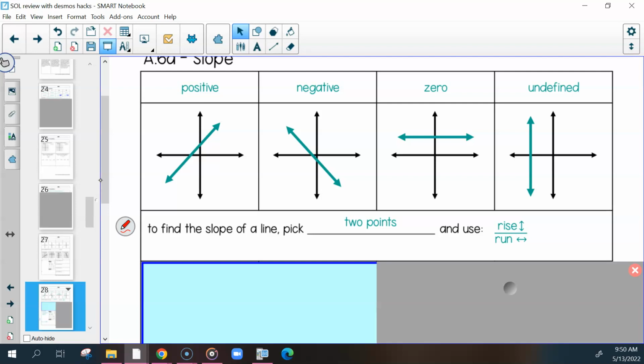Do we want to find the slope of any of the ones drawn, number 1 through 4?